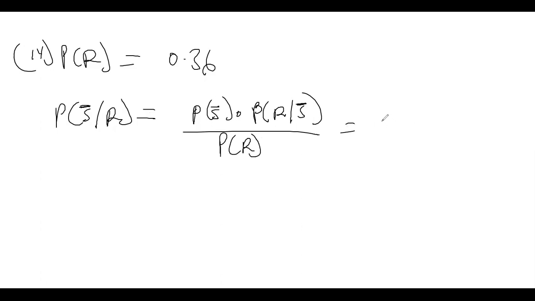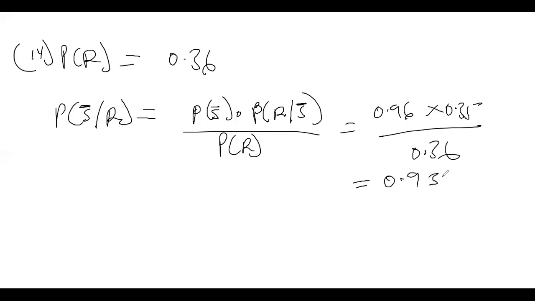So this will give us 0.96 times 0.35 over 0.36, and if you do your computations correctly, this should give you 0.9333. Okay, all right.